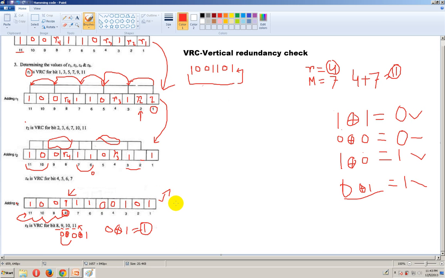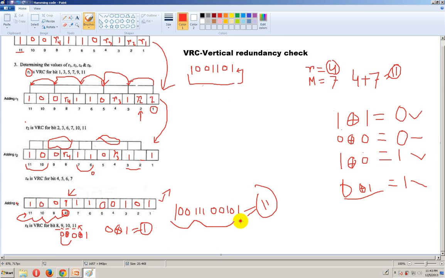The final code will be 1 0 0 1 1 1 0 0 1 0 1. So in total 1 2 3 4 5 6 7 8 9 10 11, so it should be 11 bits.